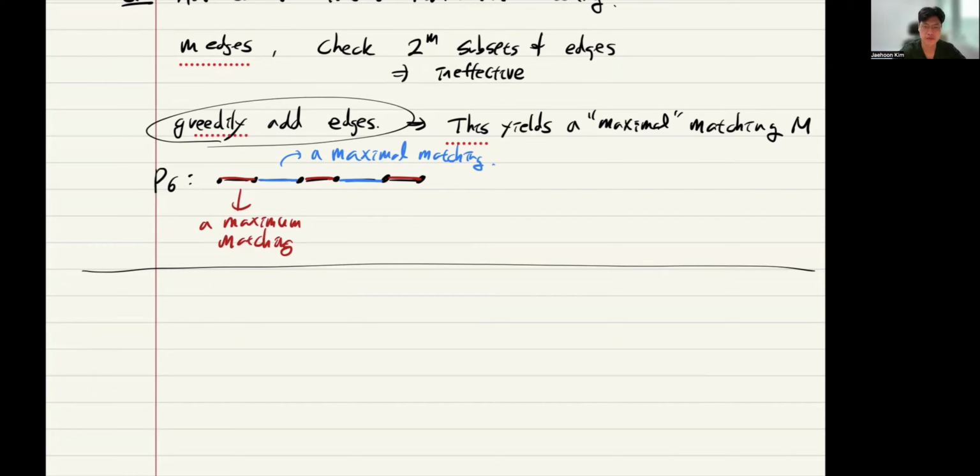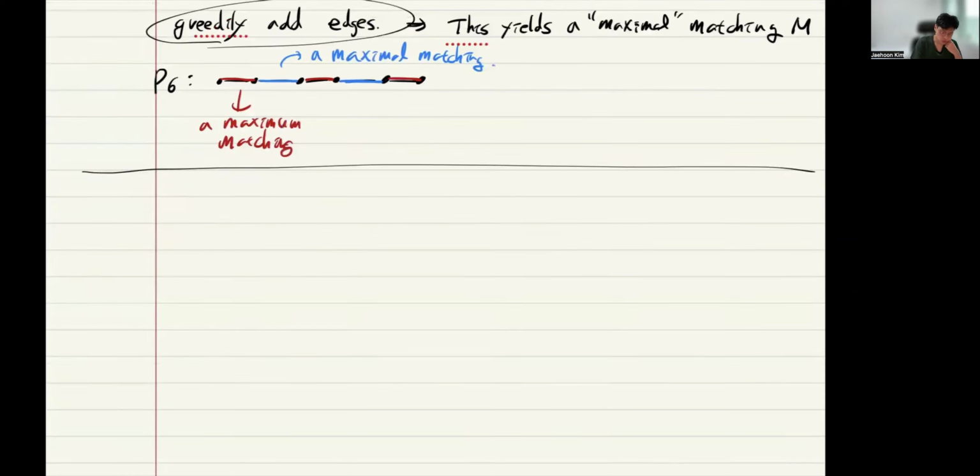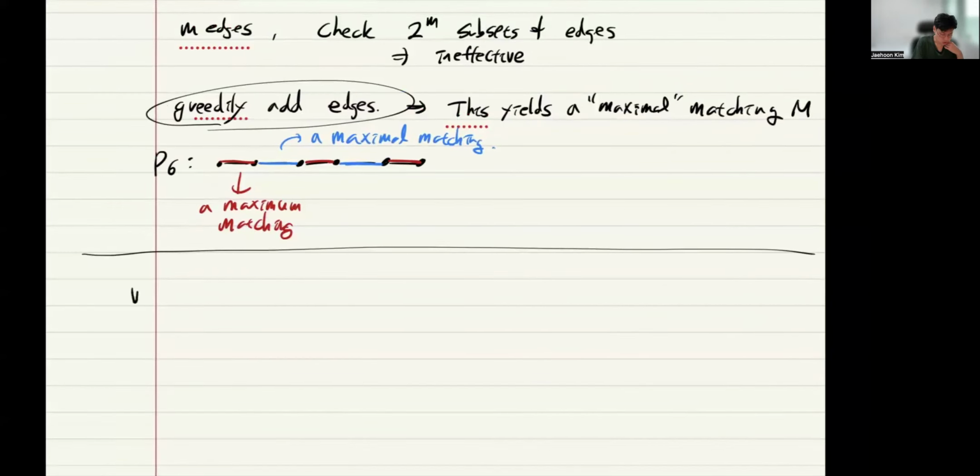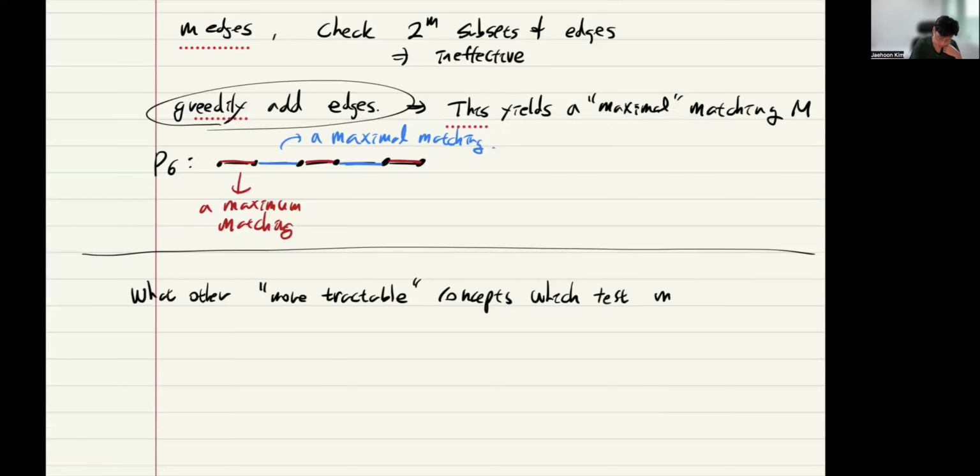Then what can we do? In order to find a better algorithm, we need to find some other concepts which will allow us to do so. So the natural question is, what other concepts? Maybe concepts which are more tractable, which characterize maximum matching.